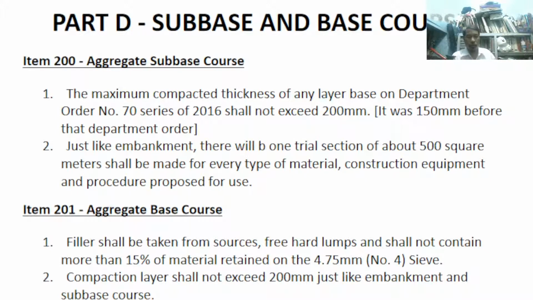So if you propose a change in procedure, or a different type of material, or the use of different equipment, for example compaction equipment, you have to use that proposal as a trial.